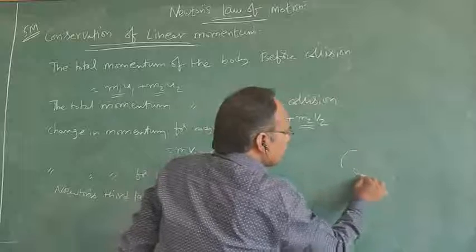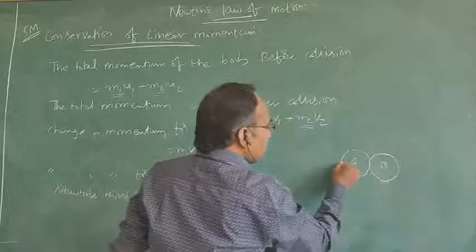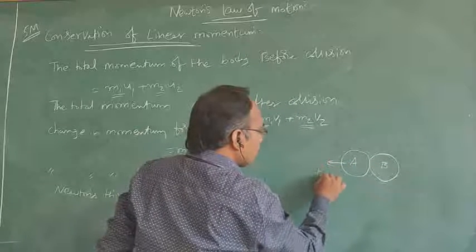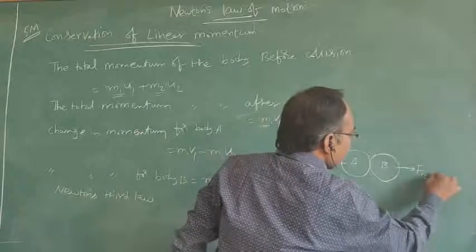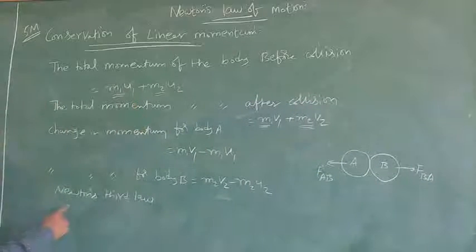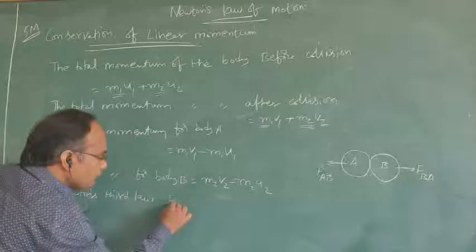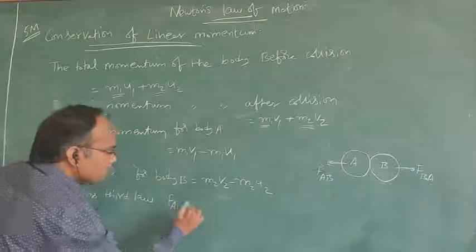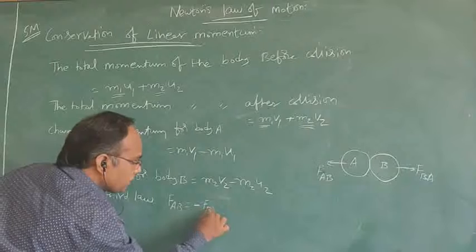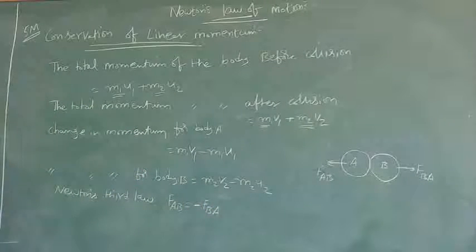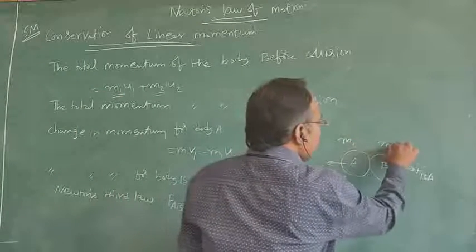In the figure we have drawn, when collision occurs, there is the force on B exerted by A and the force on A exerted by B. So by Newton's third law, FAB is equal to minus FBA. Here A has mass m1 and B has mass m2.